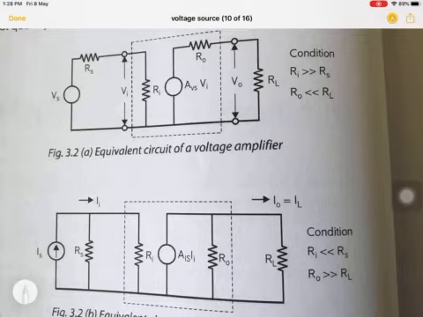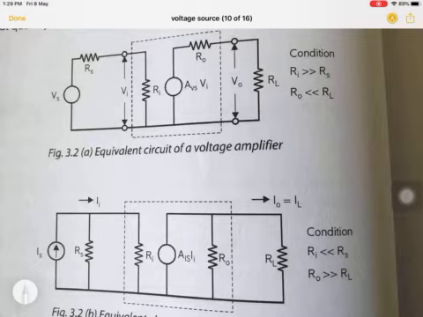I will now further discuss the configuration or internal circuit of different types of amplifier. Basically, there can be 4 types of amplifier. How do we define any amplifier? It is the ratio of the output quantity to the input quantity. If it is more than 1, it is an amplifier. There can be 2 input quantities and 2 output quantities, voltage and current.